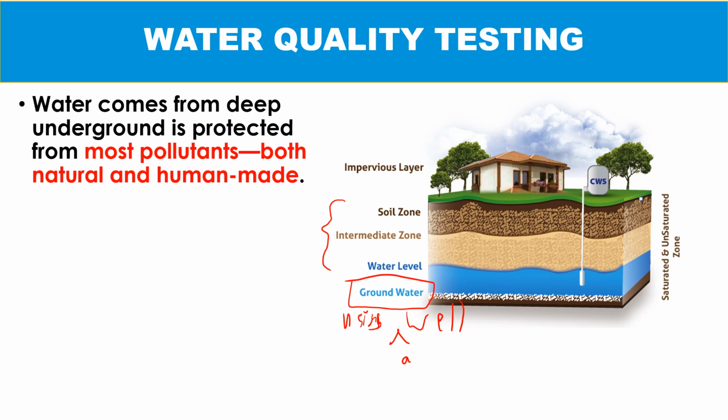Within the soil zone to intermediate zone, there's a humus layer, an organic layer, all the way to the soil and sandy layer. By going through each of those sediments, a filtration process happens naturally. So if you think about it the other way, water that comes from deep underground is generally protected from most of the pollutants due to that thick sediment area, and it is not only natural but a human can use it. Still, I recommend boiling, similar to pasteurization, to kill off some of the bacteria.